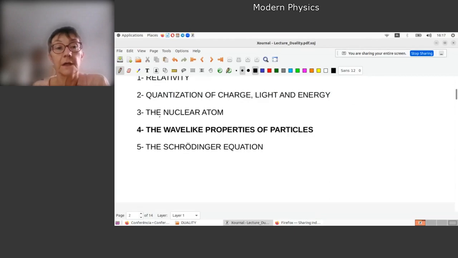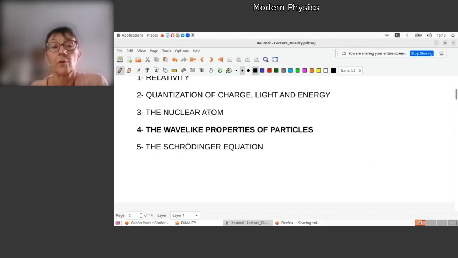Last lecture we studied the nuclear atom, which is the discovery, through experiment and theories to interpret them, that the atom is constituted by a nucleus, which is very small compared to the dimensions of the atom, and with the negative charges, which are the electrons, around the nucleus and quite far from the nucleus.